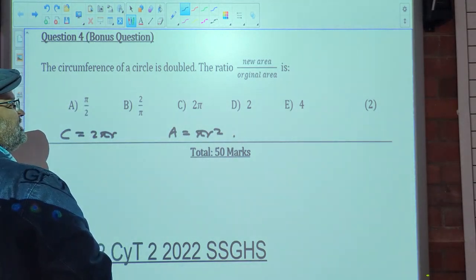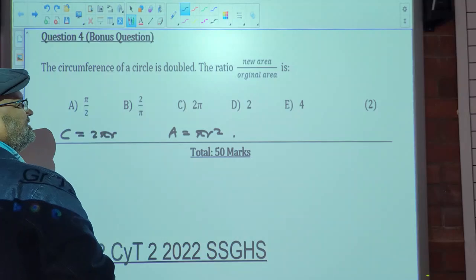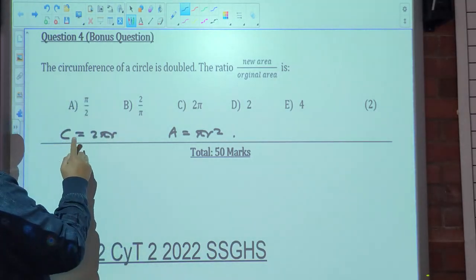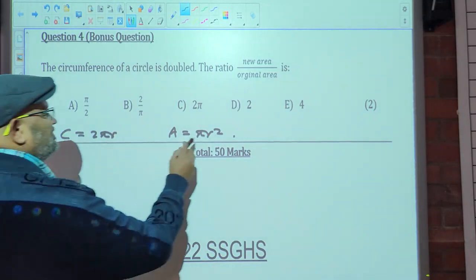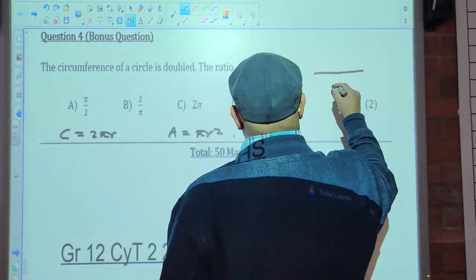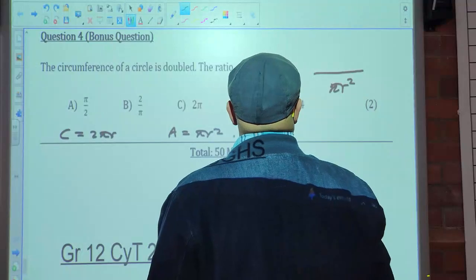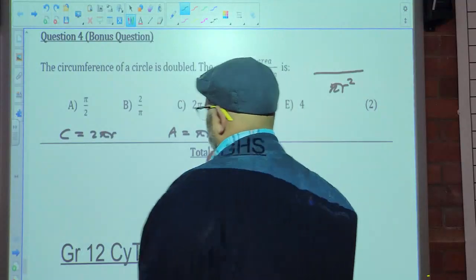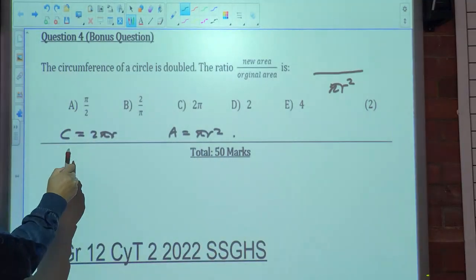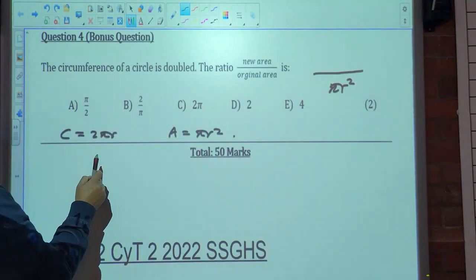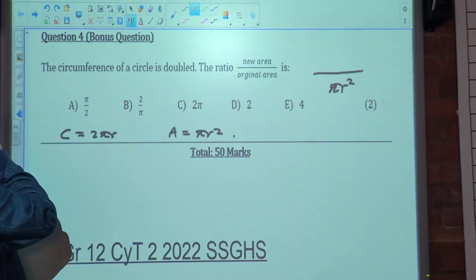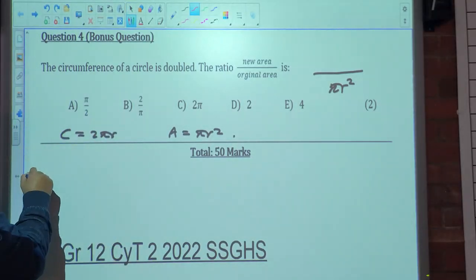Area, the ratio of the new area over the original area. That would simply be, the original area is going to be pi r squared, so the new area. So if the circumference is doubled, I forgot how to do this.